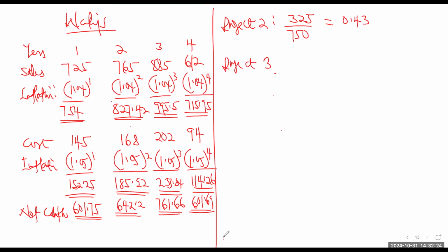Let's count to project 3. 590 on 1,125. What are we getting? 0.524.